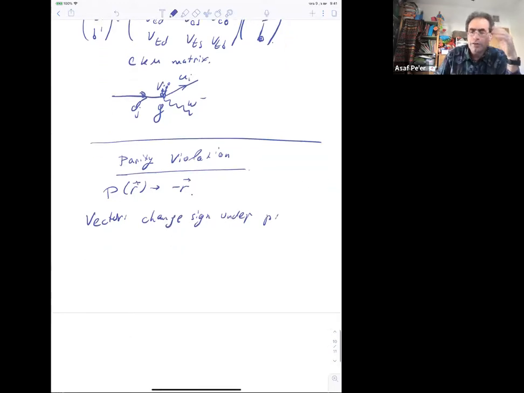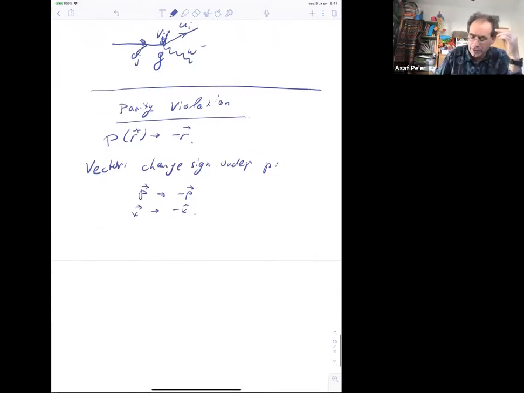So vectorial quantities such as momentum, p goes to minus p when x goes to minus x, known as vectors. But there is another class of quantities which are known as axial vectors, or also pseudo vectors. I don't think we had time to discuss those.